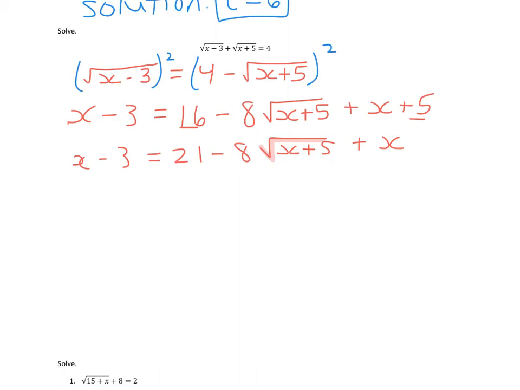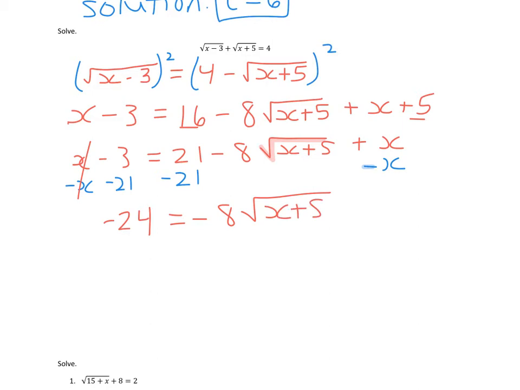All right, so let's see. What are we going to do? Let's subtract an x. And we'll subtract a 21. And let's see what we get. X's will cancel. That's negative 24 equals negative 8 square root of x plus 5. And then let's divide out by negative 8.